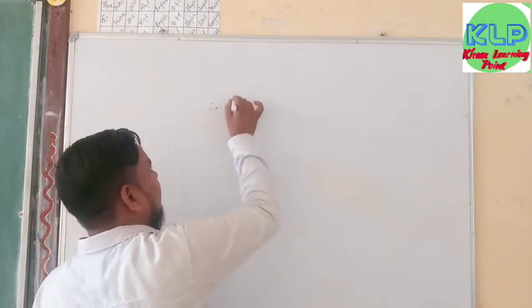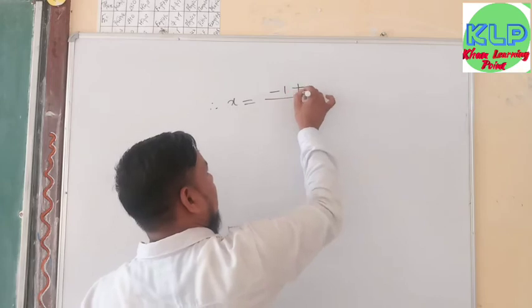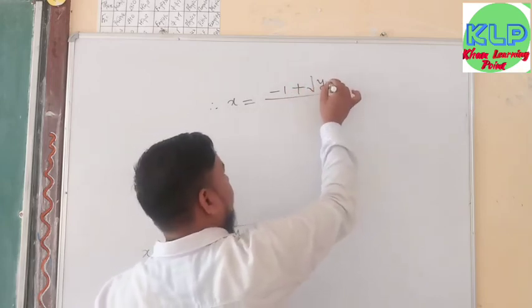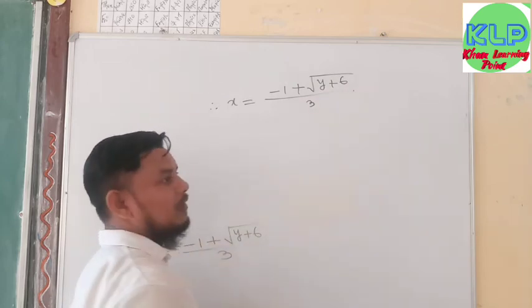Therefore x is equal to minus 1 plus root of y plus 6 divided by 3. This is the value of x.